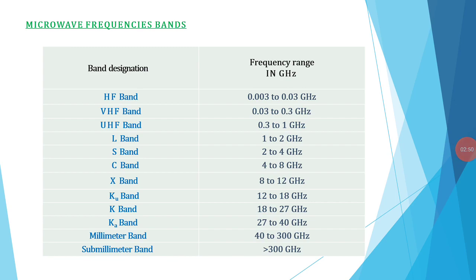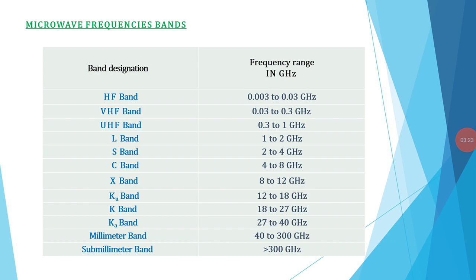Now let us see the microwave frequency bands. So here we have two columns, that are the band design and the frequency range in gigahertz. So the band design where HF band is 0.003 to 0.03 gigahertz, VHF band, that is 0.03 to 0.3 gigahertz.